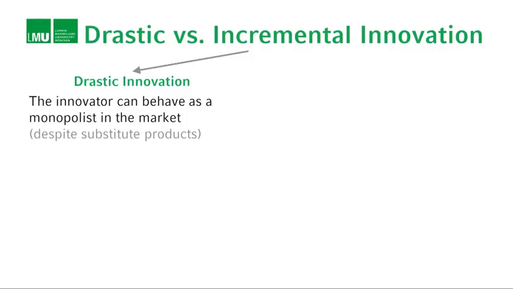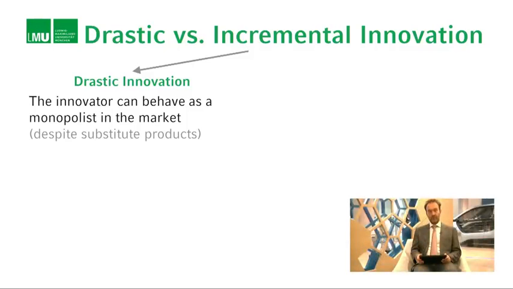Another distinction, which is perhaps a bit more tricky, is about drastic versus incremental innovations. A drastic innovation is when an innovator can behave as a monopolist in the market. So despite the fact that there are substitute products, these substitute products are so much worse or so much less efficient that in the end the innovator can behave as a monopolist.